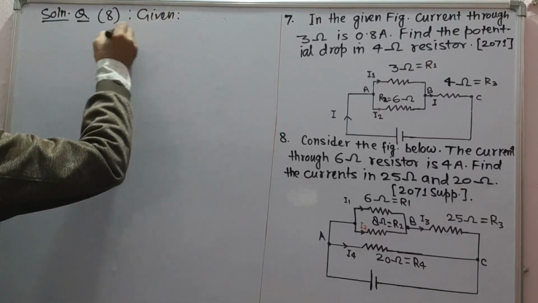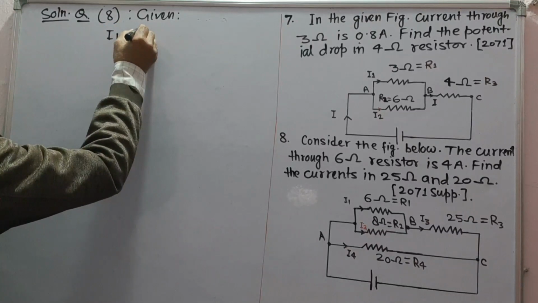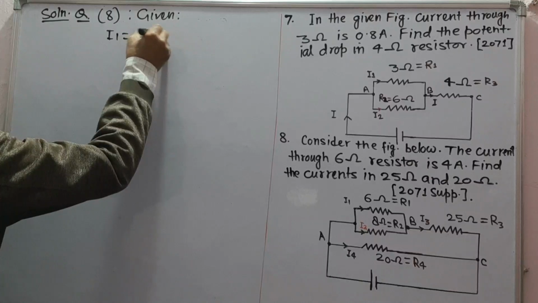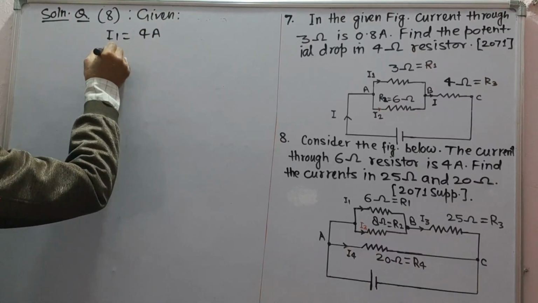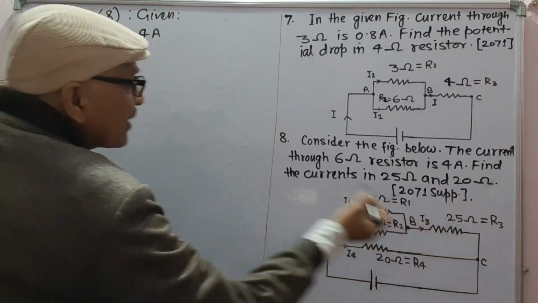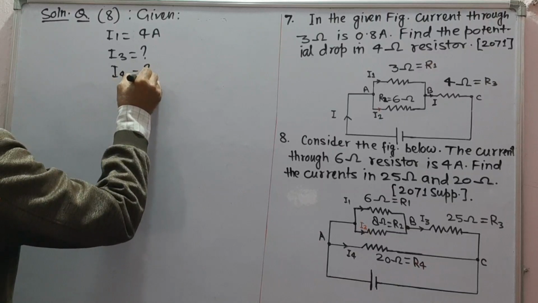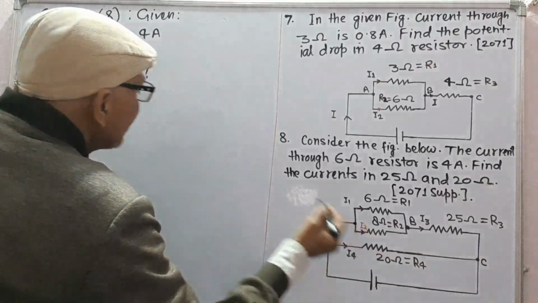Given I1 is equal to 4 ampere, we have to find I3, current in 25 ohm, and I4, current in 20 ohm resistors.